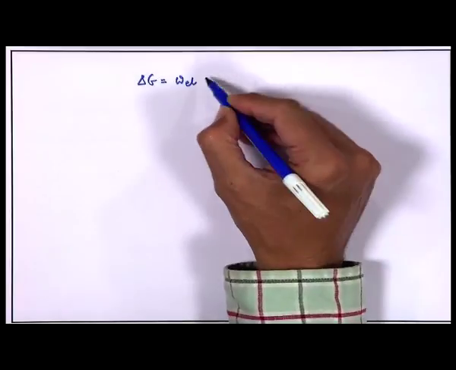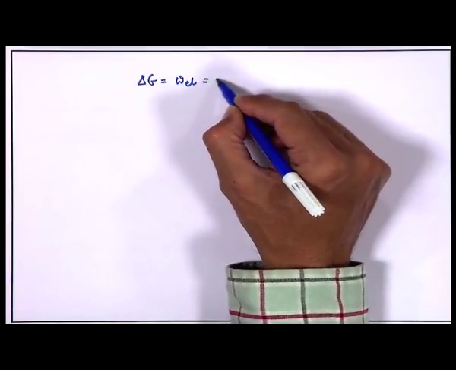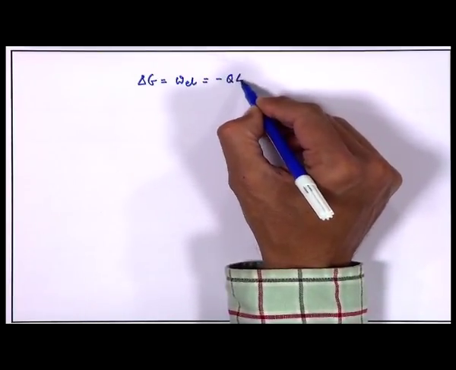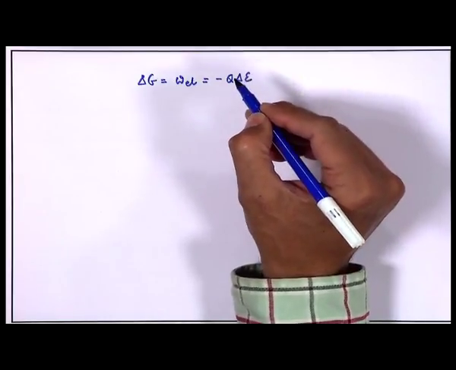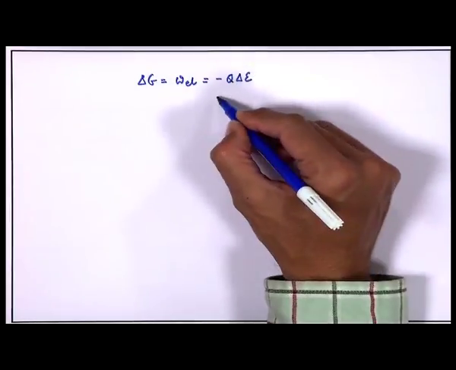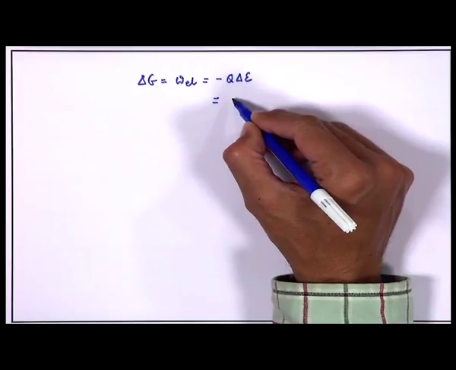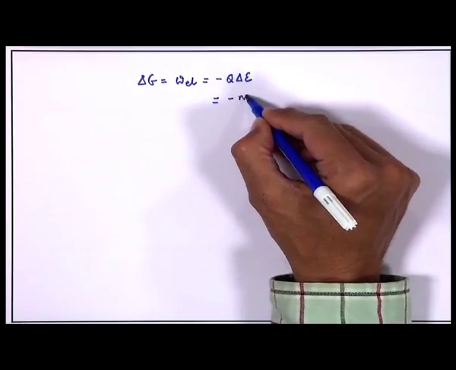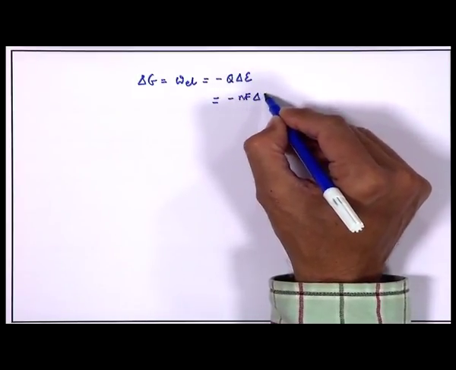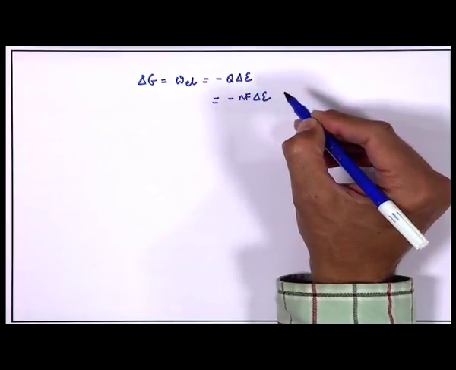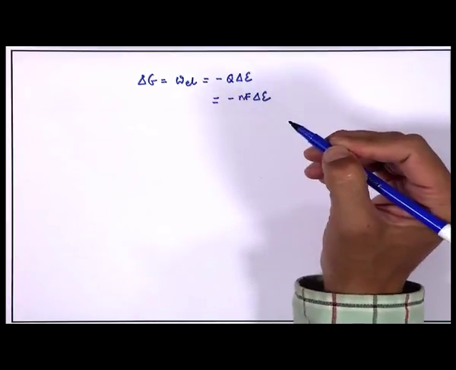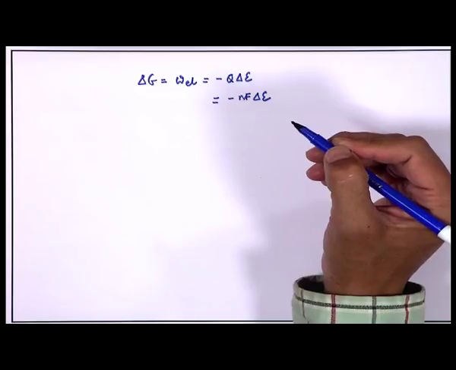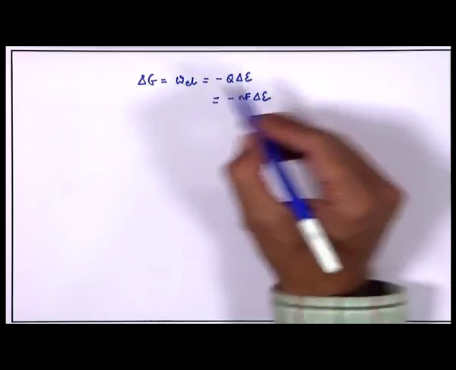And W electrical is equal to minus Q into delta E, and Q delta E is nothing but nF delta E. So, delta G is equal to minus nFE.